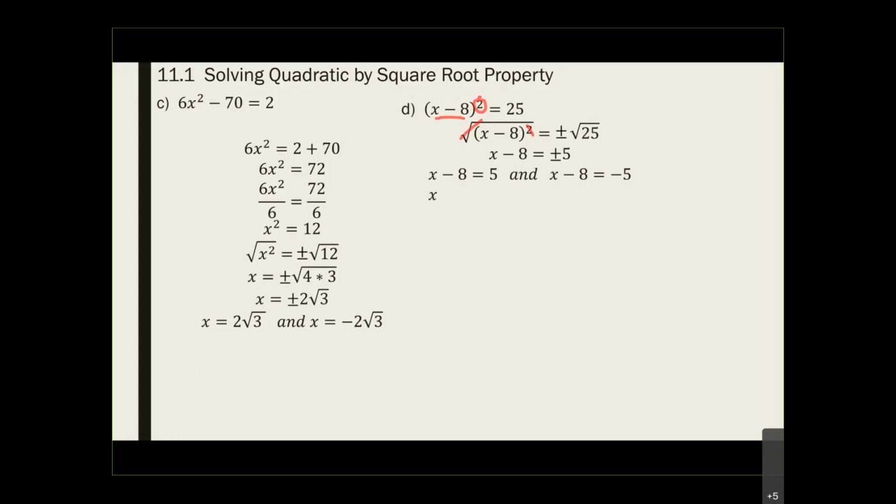I need to add a to the other side, which gives me x equal to 13 and x equal to 3. Okay, so this is your two answers, 13 and 3. Okay, so again, any questions with this?